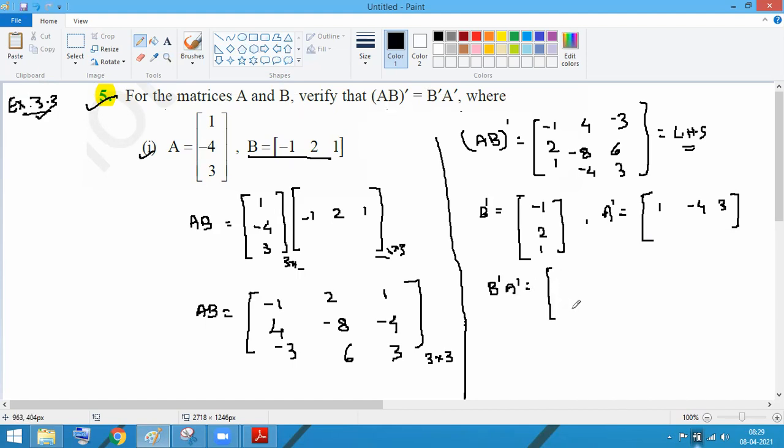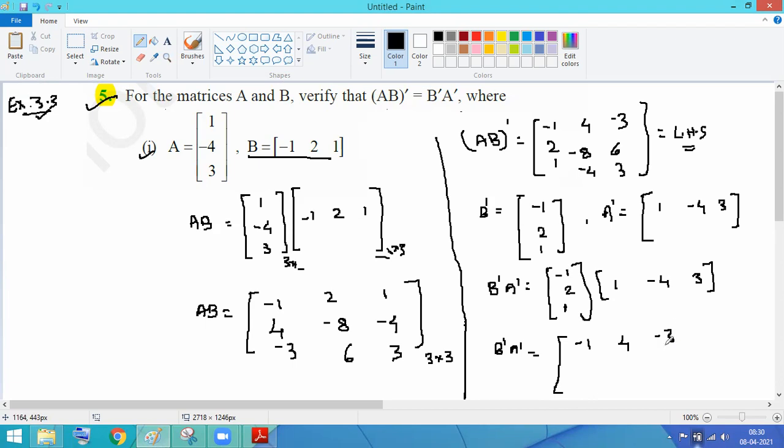So B'A' will be -1 2 1, then multiply this with 1, -4 and 3. When you multiply, what will B'A' be equal to? First row: -1, 4, -3.